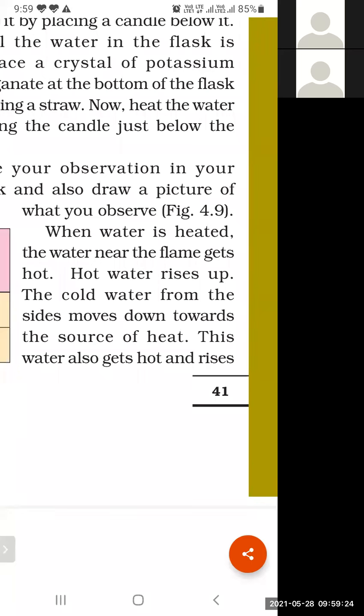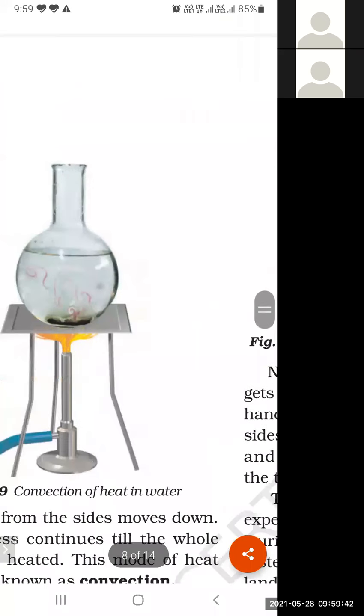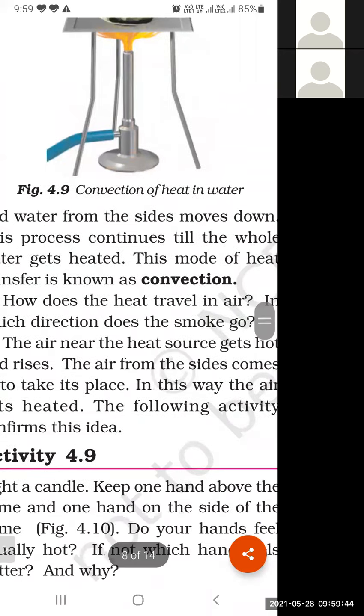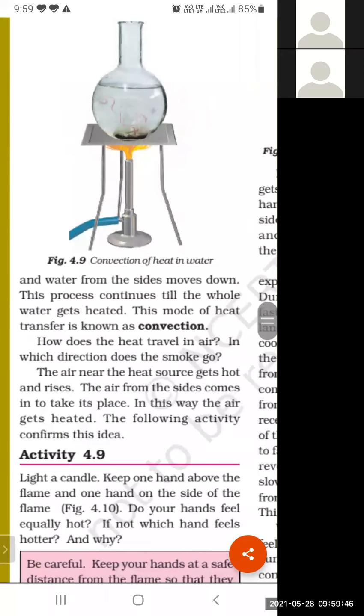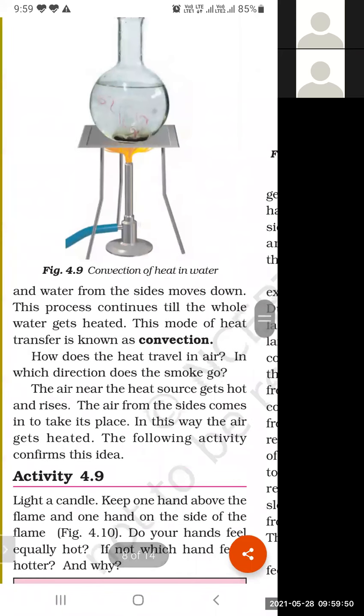When the water is heated, the water near the flame gets hot. Hot water rises up, and the cold water from the sides moves down towards the source of heat. This water also gets hot and rises up, and the water from the side moves down.